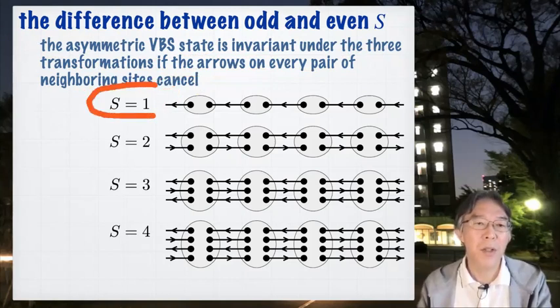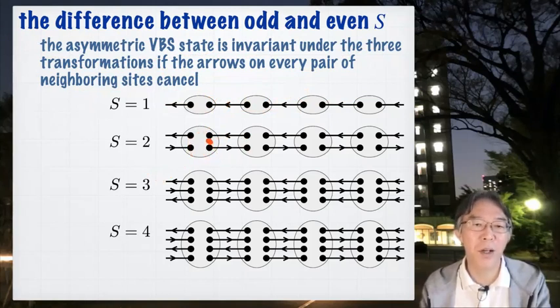And for S equal 1, we have one asymmetric valence bond on each pair of sides. So this means that you only have one arrow, you can never cancel.